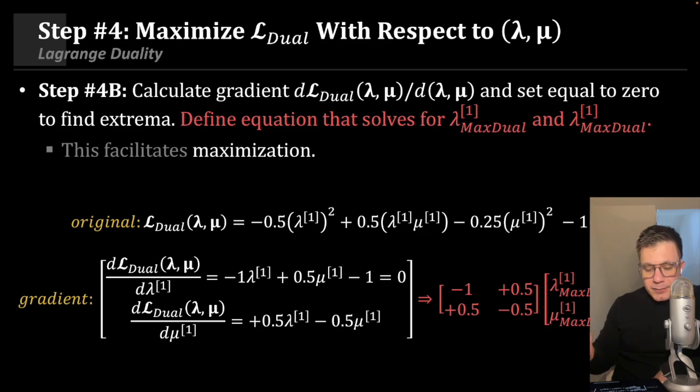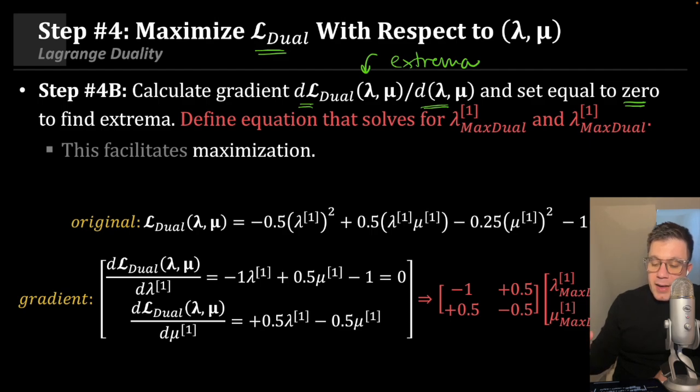The second part of step number 4, we're still trying to maximize the dual Lagrange function. We can calculate the gradient of the dual Lagrange function with respect to lambda and mu. Again, we're using the gradient of it to calculate the extrema and set those extrema equal to 0.